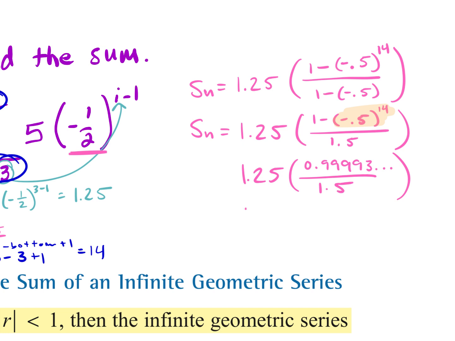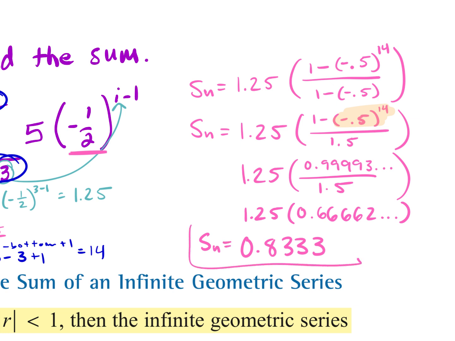So you should get 0.66662. It keeps going, but we're going to leave it in the calculator. And then multiply it by 1.25. So we should get 0.8333. I'll round this to 4 decimal places. On the test, it'll be specific how many decimal places. It'll either be 3 or 4.